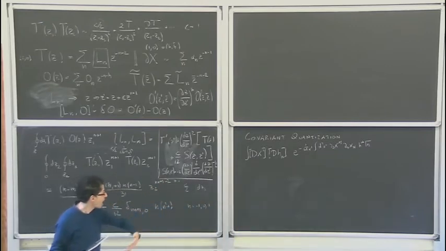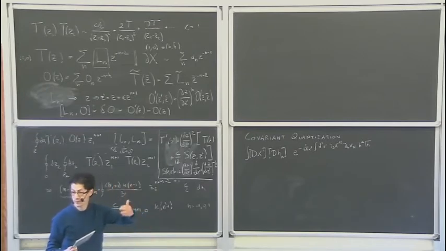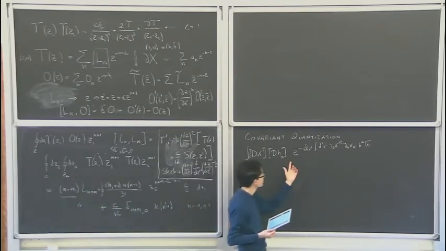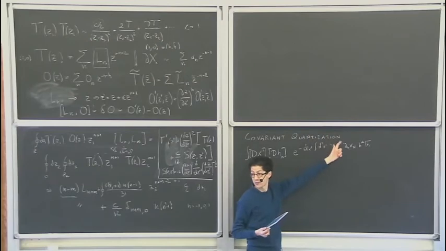So if you sum over all possible metrics and all possible fields, you will have many contributions for which this weight is exactly the same.